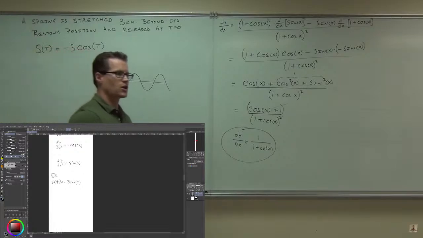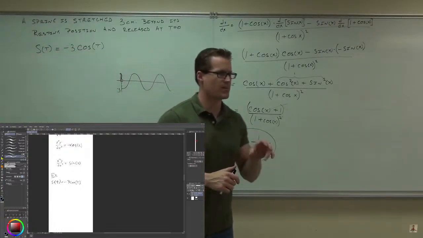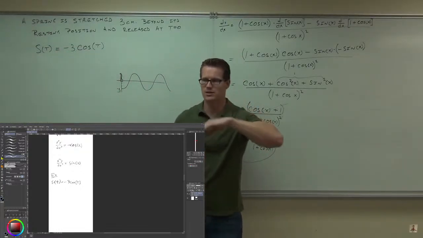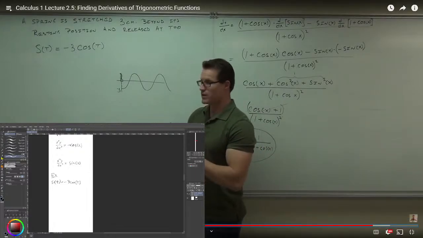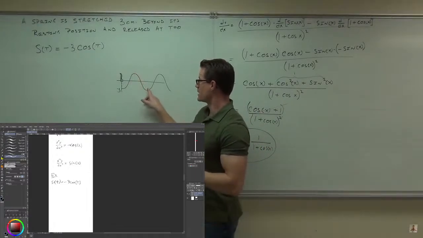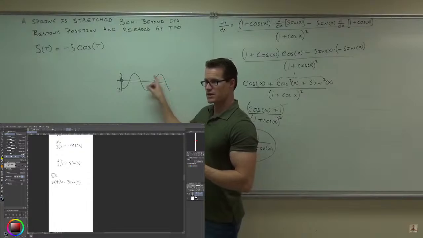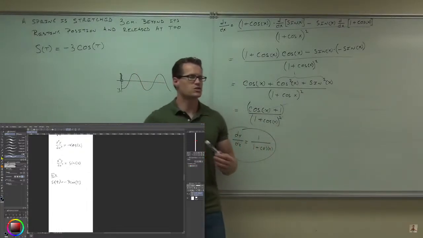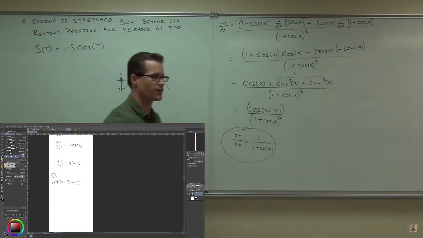All I'd like us to do is talk about the velocity. The velocity of the mass at a certain point. So we know it's going to be oscillating back and forth, and really the velocity should be 0 here and here and here, shouldn't it? Because that's where it's changing, going up, going down. What I'd like to do is just find the velocity for this. Find the velocity function.